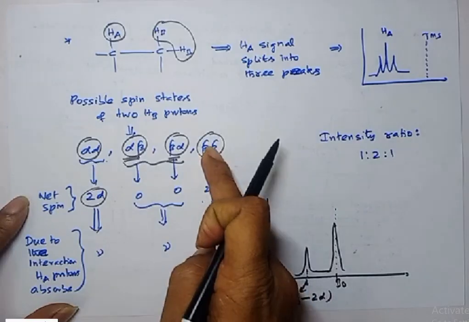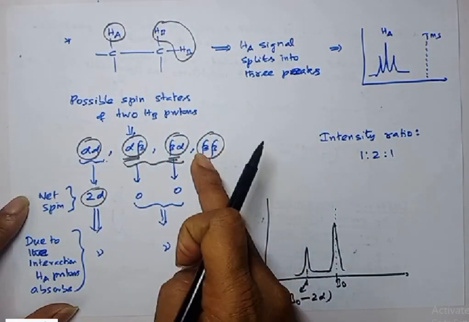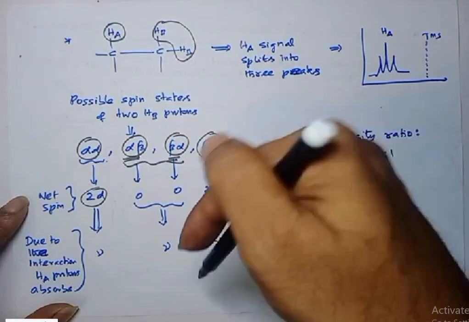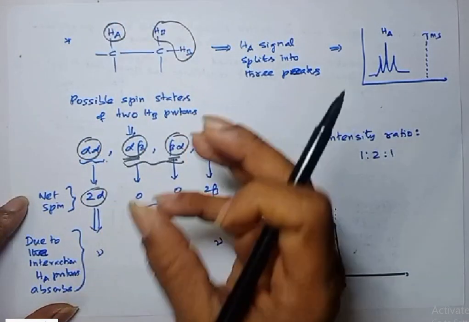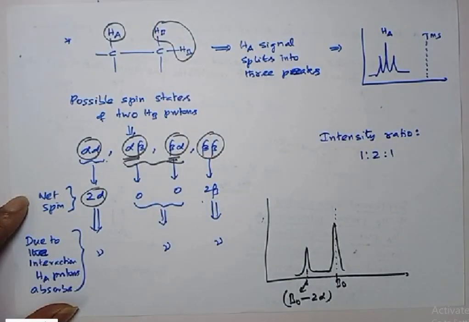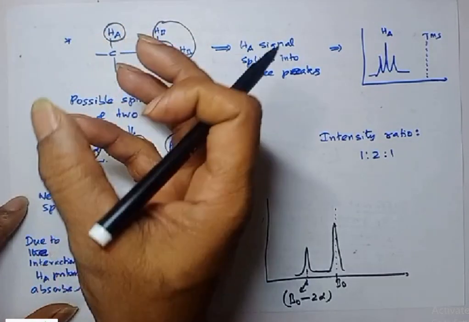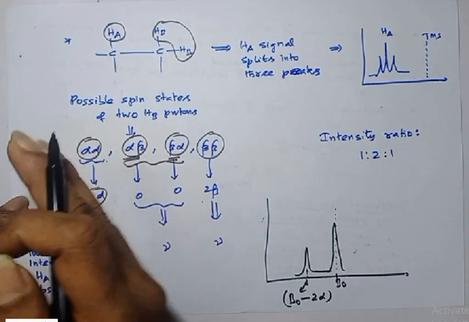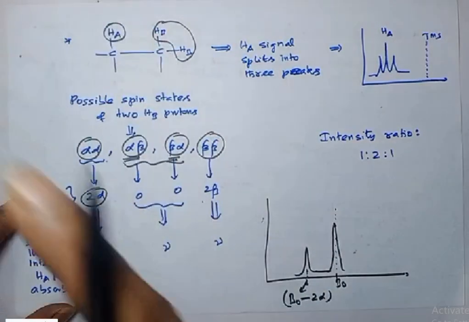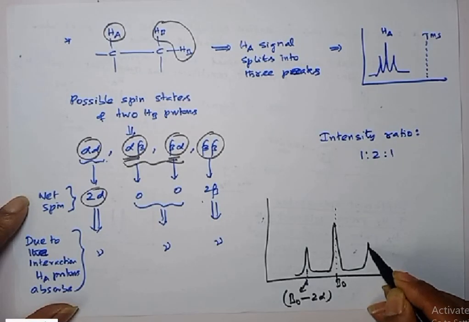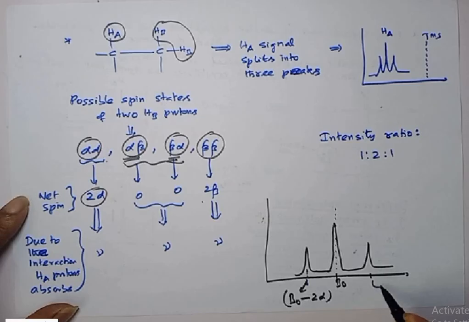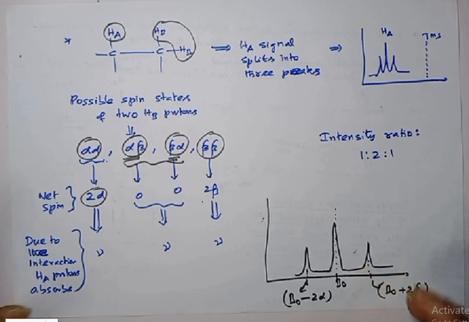In some other molecule, both the protons of HB may have beta-beta spin state. Beta means they oppose the external magnetic field. Therefore, HA proton sees lesser magnetic field. Since it sees lesser magnetic field, we need to apply more magnetic field to make the HA proton absorb. Therefore, we need to apply an additional magnetic field, which is equivalent to B naught plus 2 beta. This is the additional field we need to supply in some molecules.